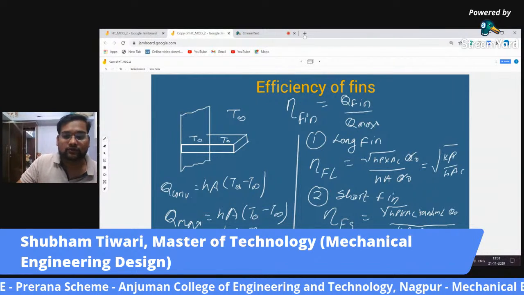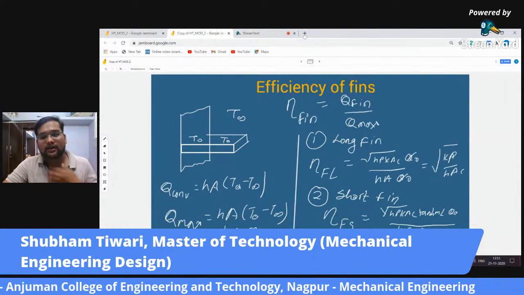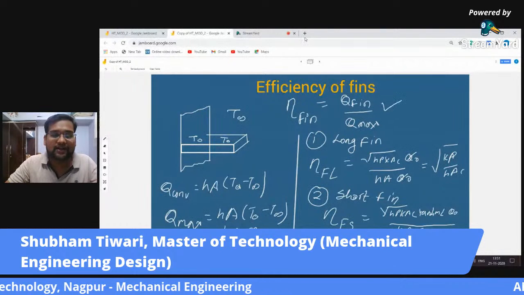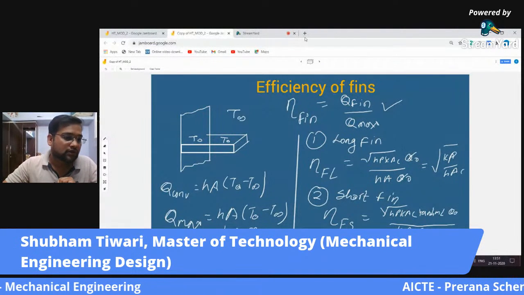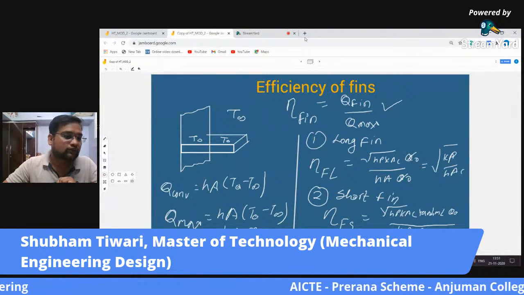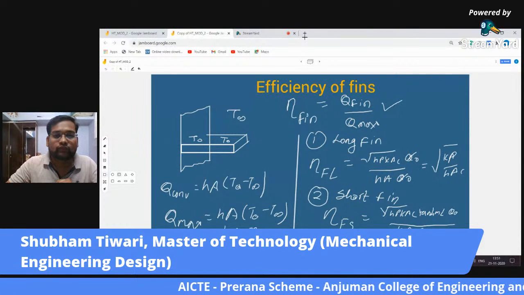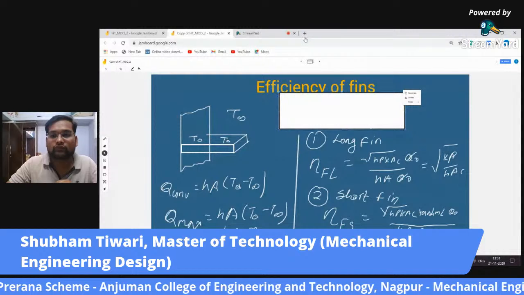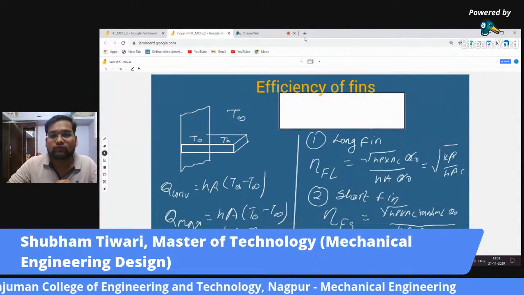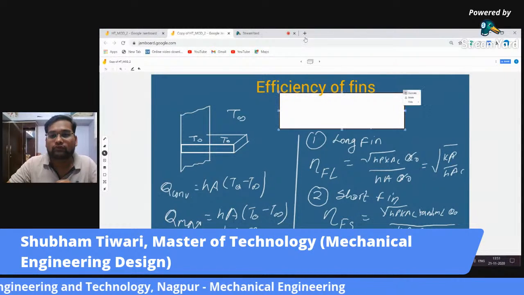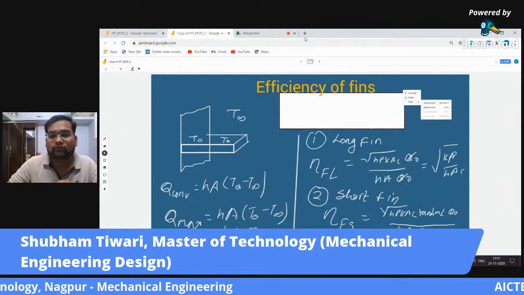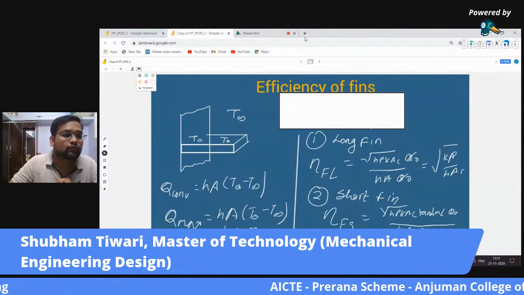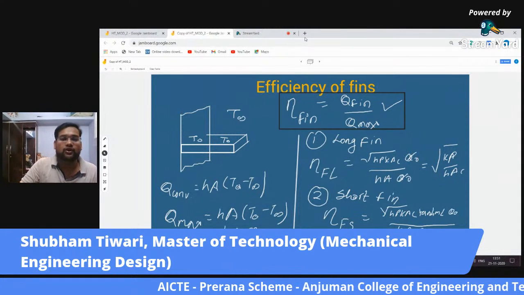So this is the value for the short fin. You can easily find this value if you know this general formula. This formula here is the important one.